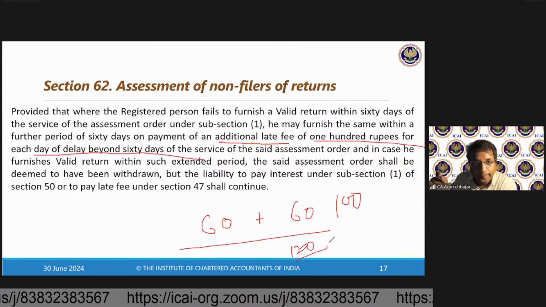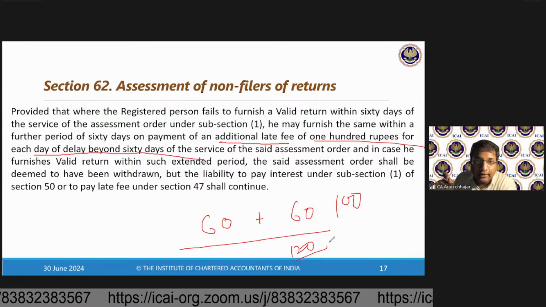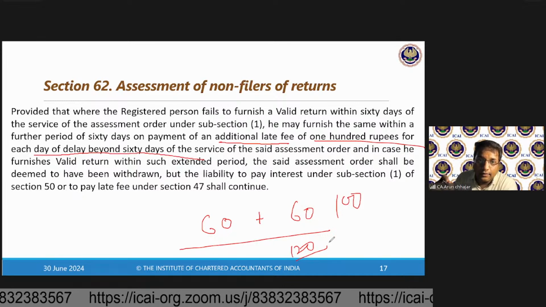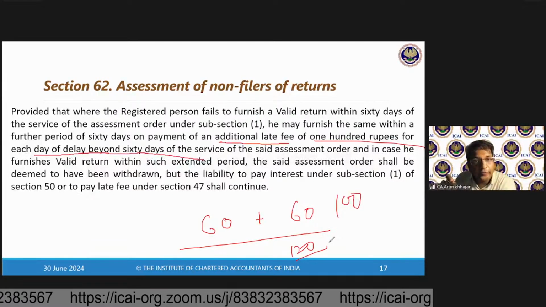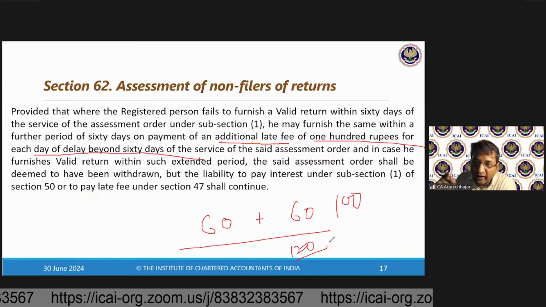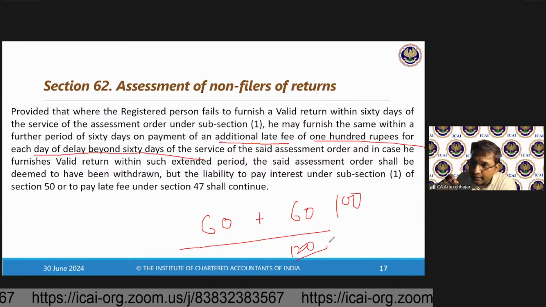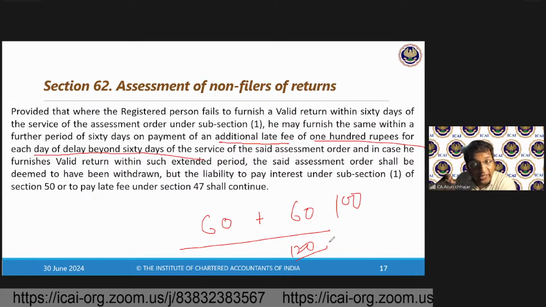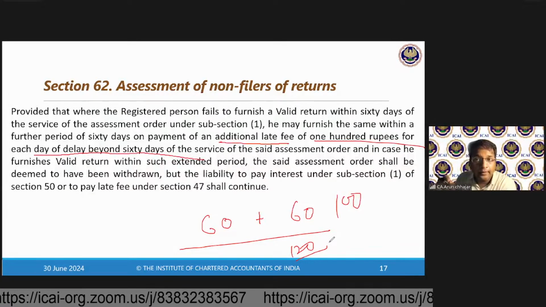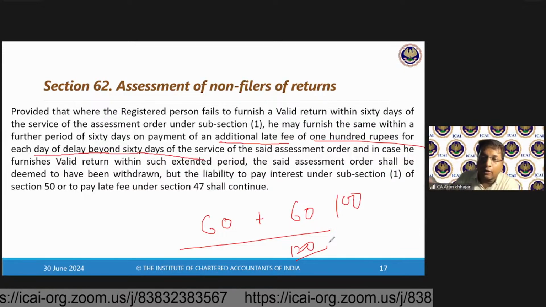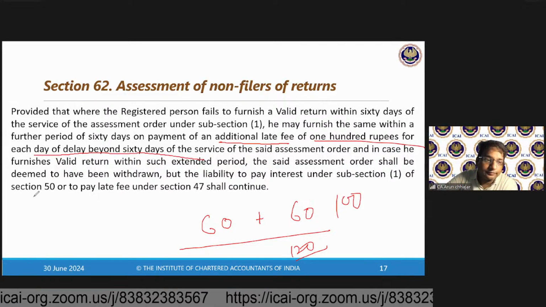Section 62 is giving the time limit of 120 days. If the registered person to whom the order has been issued under section 62 files the valid return, the order will be deemed to be withdrawn.